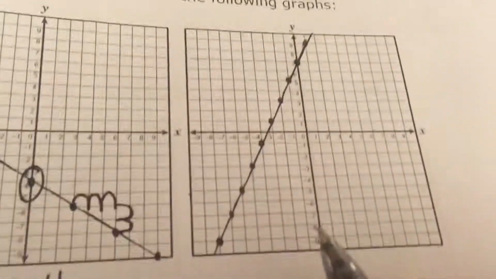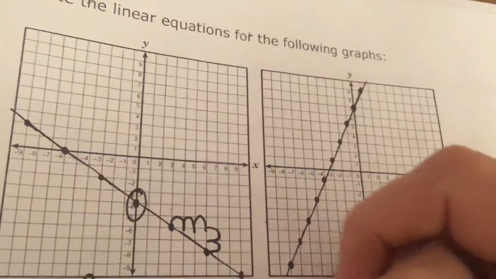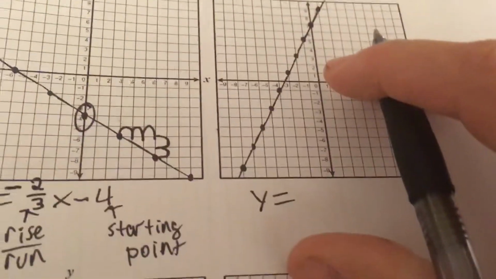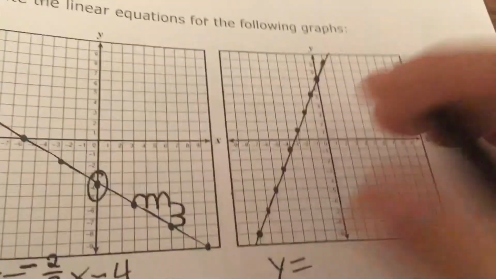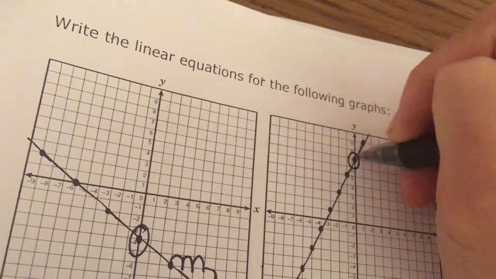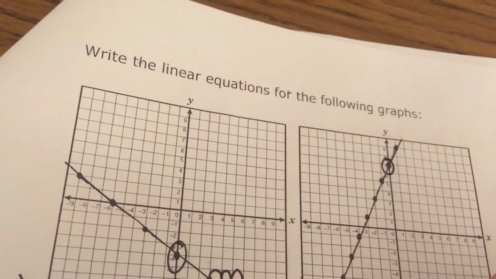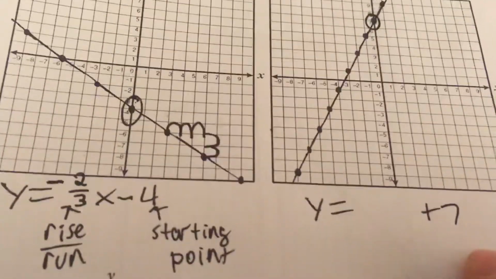Everybody try this one. Start with your starting point and find your rise over run. I'll put it on the screen. You can look up whenever you're ready. I've got the starting point on the screen.